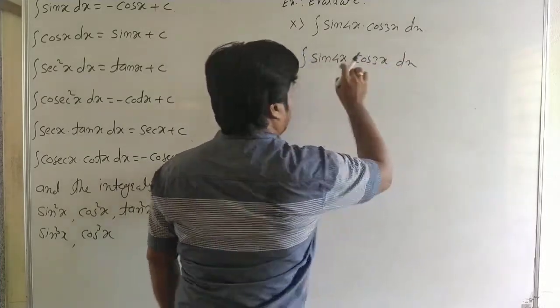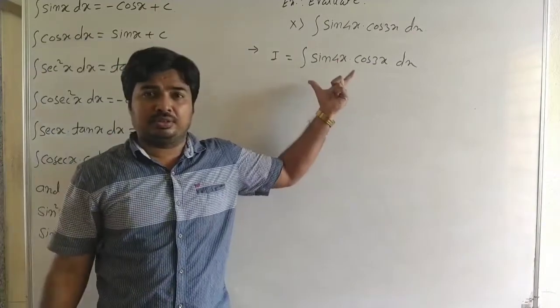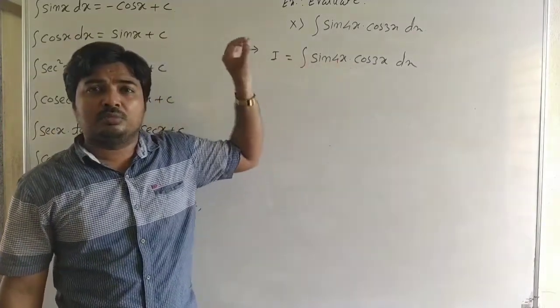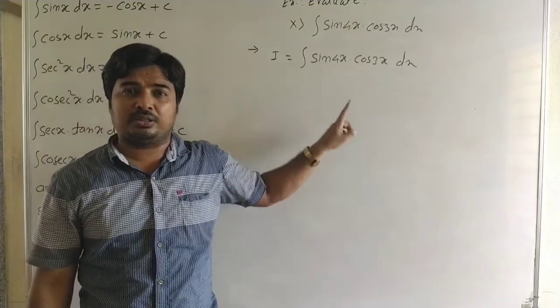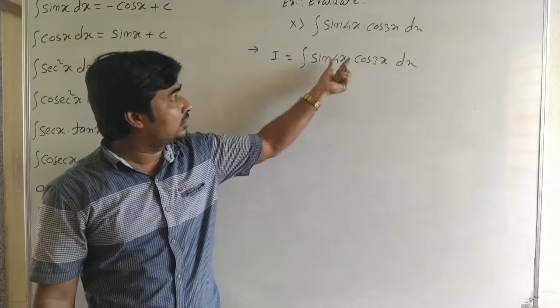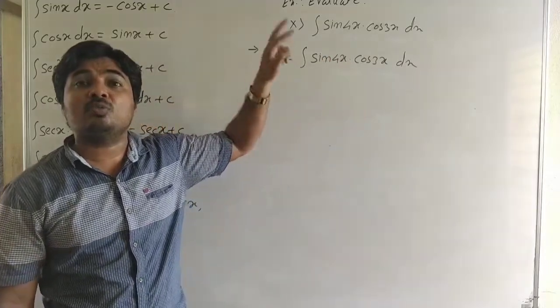Here is a multiplication of two trigonometric functions. We know the two rules, that is addition and subtraction, f of x plus g of x and f of x minus g of x. So we convert the product of trigonometric functions into a sum or difference.